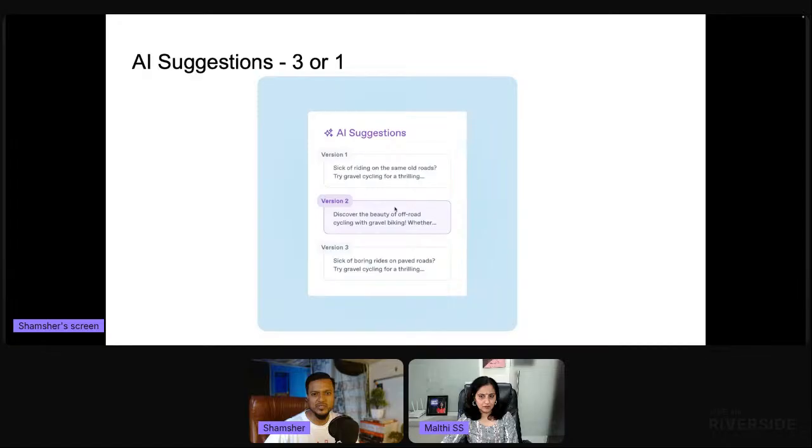So if you're giving them three different options, it might cost you more. It's good for users, but it might cost you more. So you will have to decide how many different versions you want to give to the user, whether only one suggestion will be sufficient, or more suggestions are required. That's something PMs have to figure out and then decide, and depending on that you can decide the cost of your AI product.